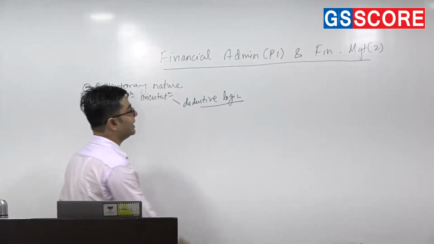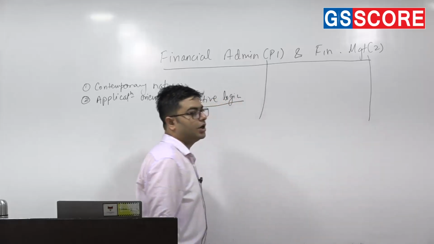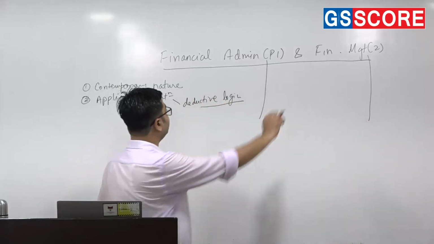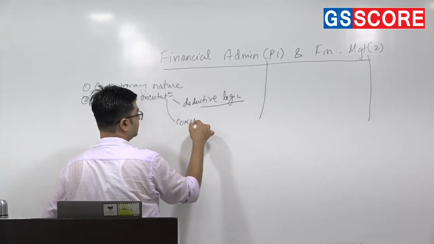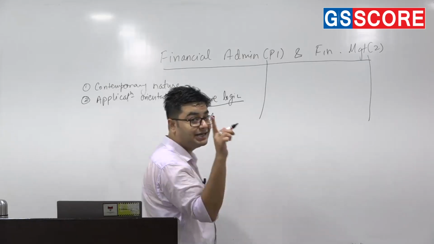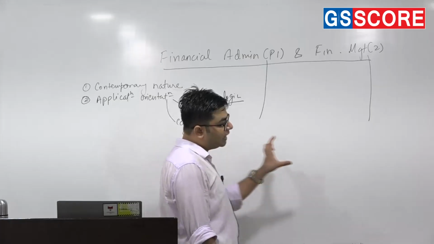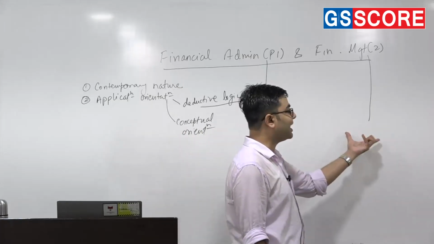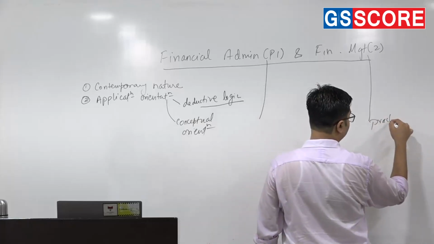Also, like I said, in both the papers you will have to balance it out. That means conceptual orientation is needed, more so in paper 1, a little less in paper 2, but that would be balanced by the practical orientation.